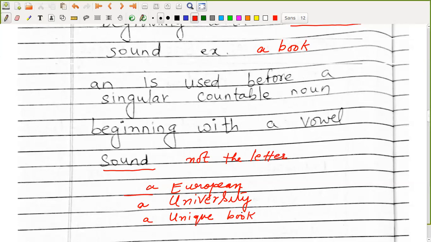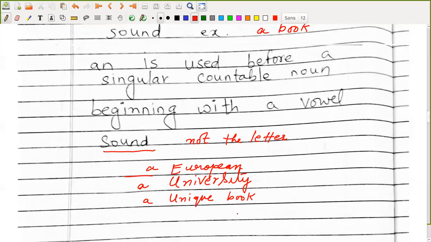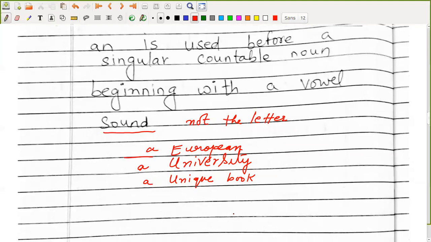So you have to be very clear that whenever you are using a or an, it does not depend on the letter. It depends on the sound. It depends on the sound. In all the three words that I have used a before, you can see that it begins with the consonant sound. ये pronunciation के साथ शुरू हो रहा है.